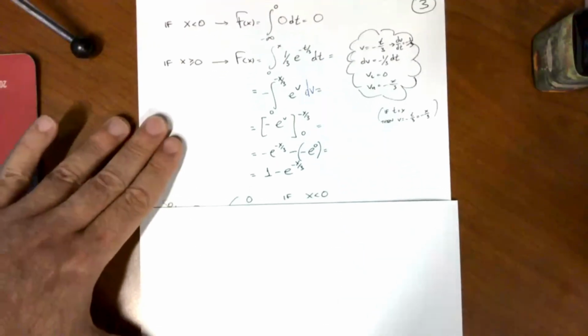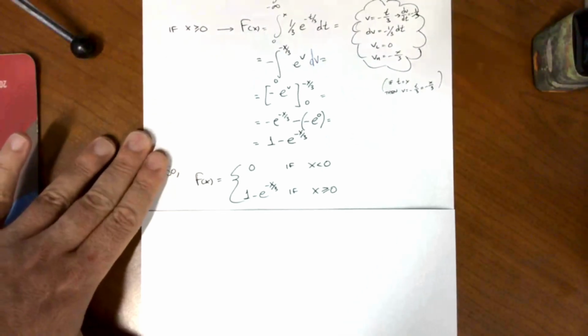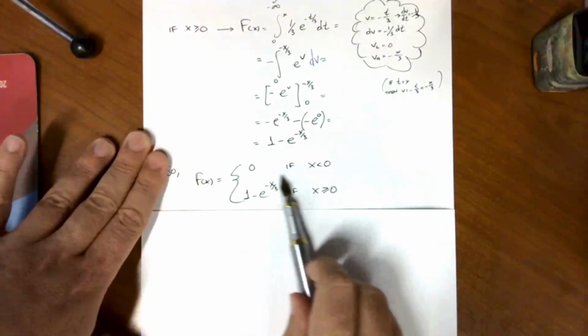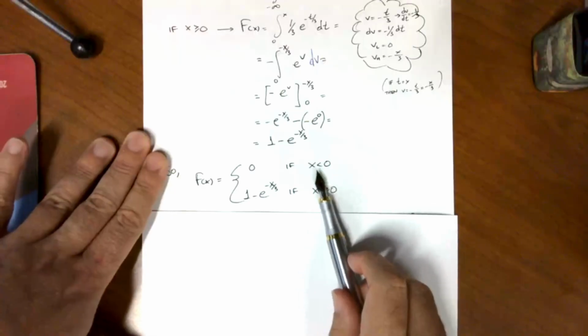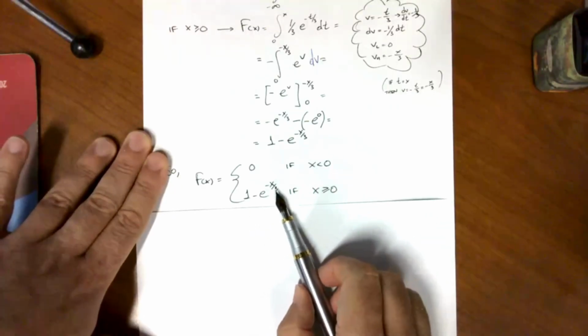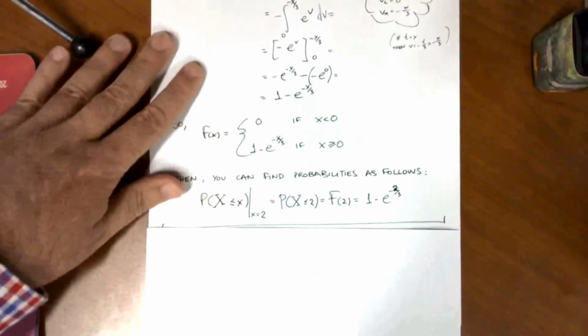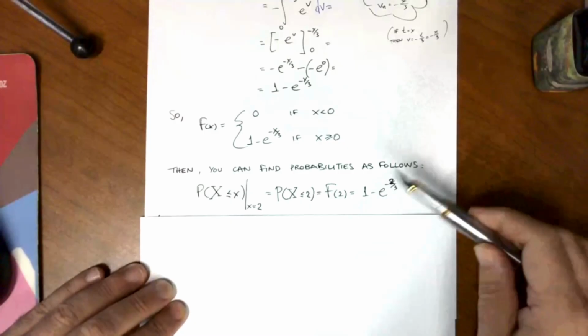So that is the expression for the cumulative distribution function. So 0 if x values are less than 0, and 1 minus e to the minus x over 3 for positive values of x. So you have found the functional form.